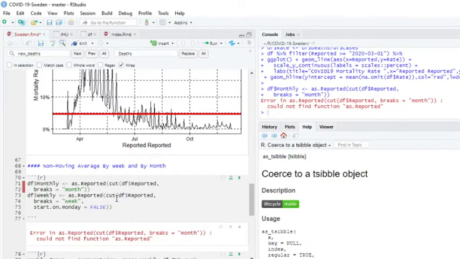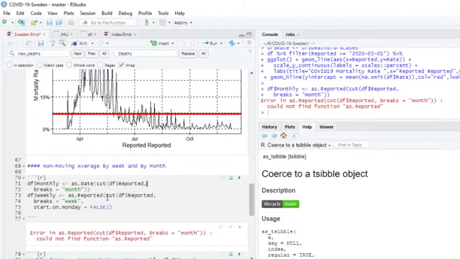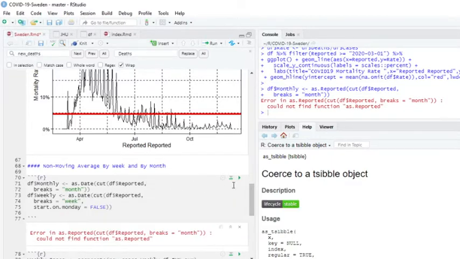So let's go ahead and see how this works here. Breaks month, reported break. Oh, date. Let's try this now.